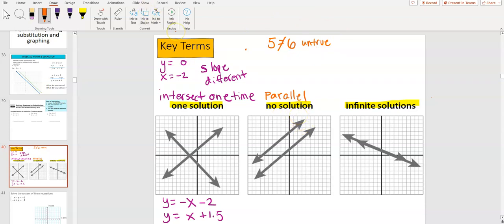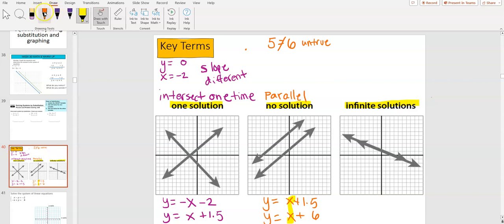Then if I look at their equations, and these equations are y equals x plus 1.5, y equals x plus, I think it's 6. You might notice that their slopes are the same.